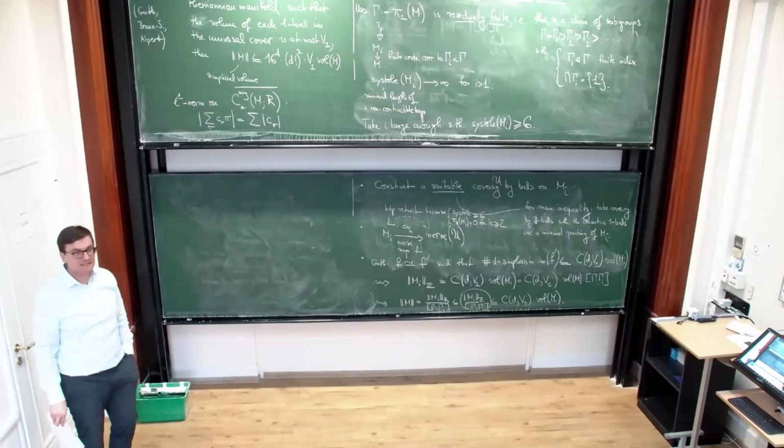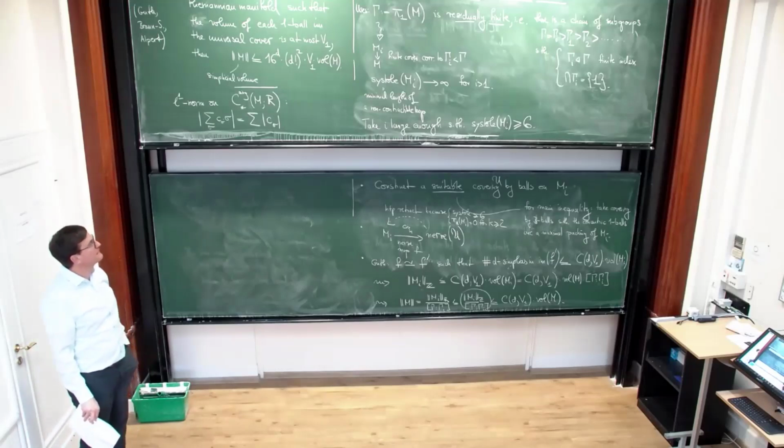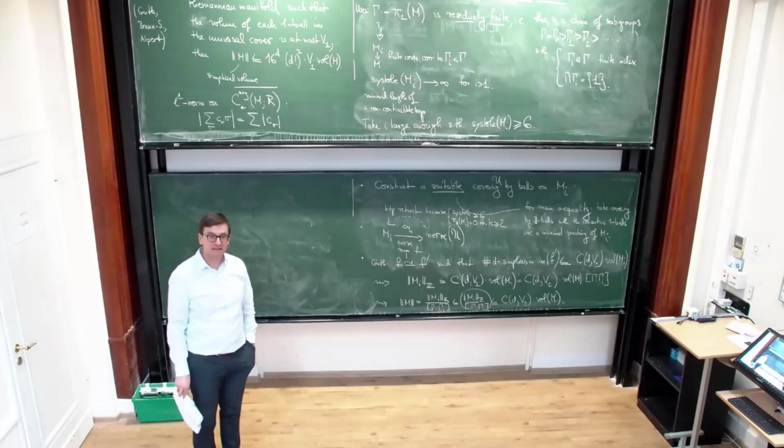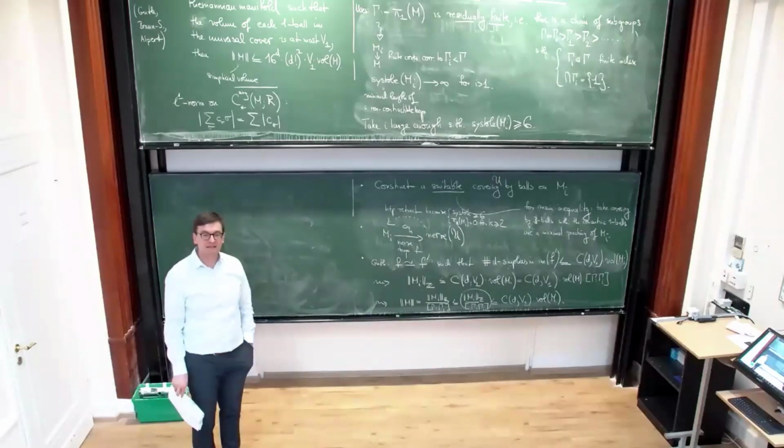Yeah. So since the nerve was constructed, roughly speaking, from the centers of the balls in the covering, I guess the cycle representing the fundamental class that we're using for the simplicial volume is an image of a subcomplex of the nerve now. Right.